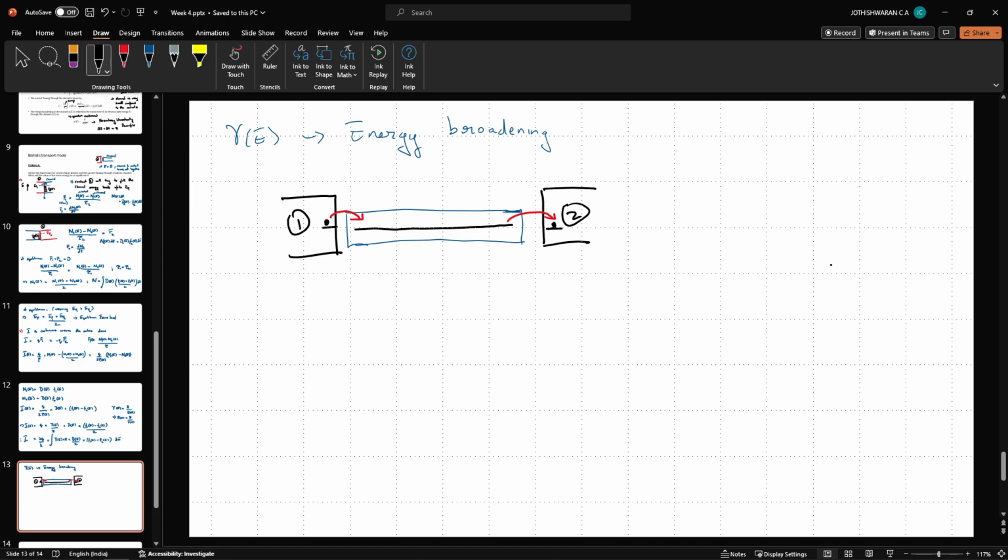However, for reasonable channel lengths, this process is fundamentally quantum mechanical. So this is not something that I can describe classically. I cannot say there is a point electron and it takes a new energy value and it moves for a certain time.